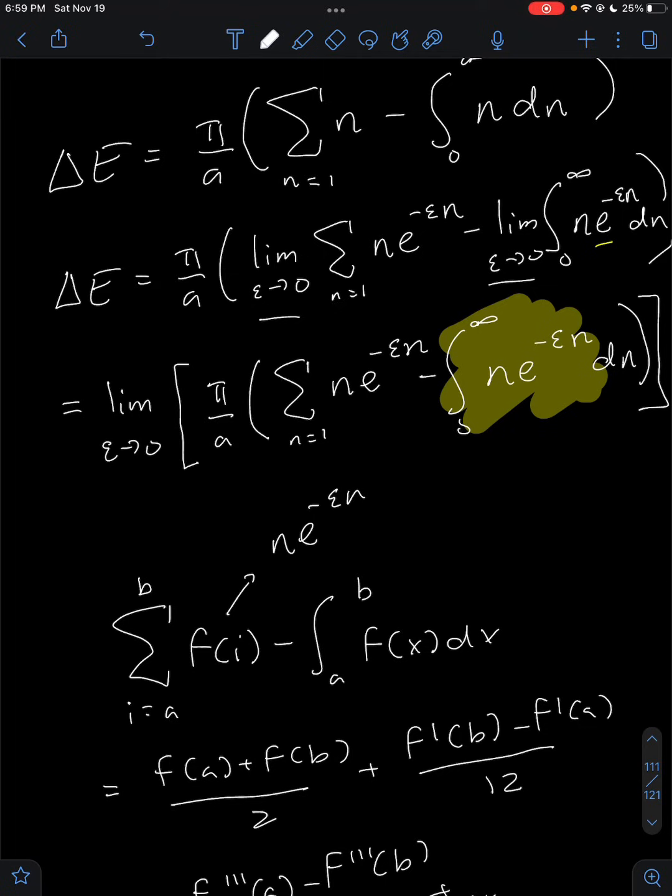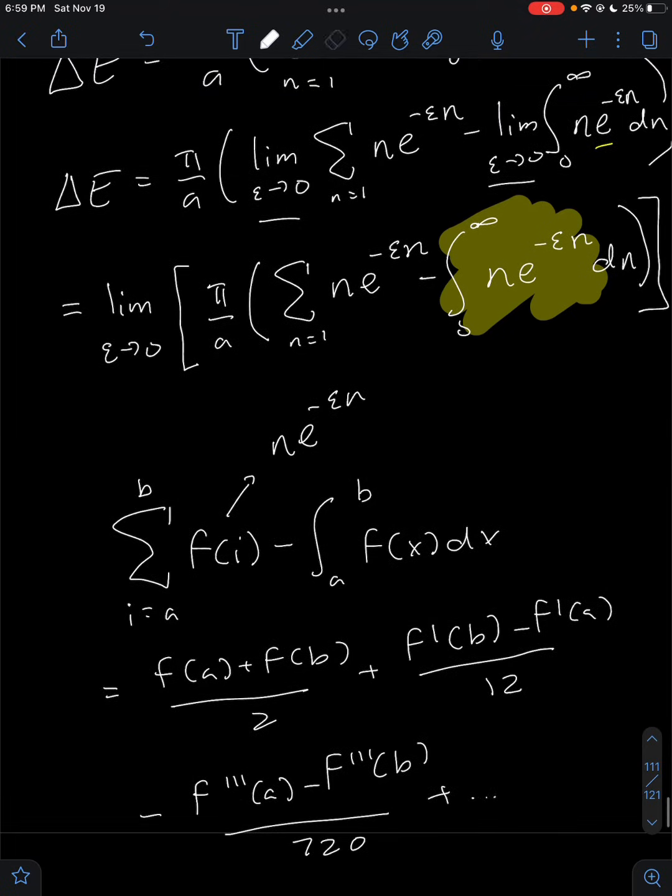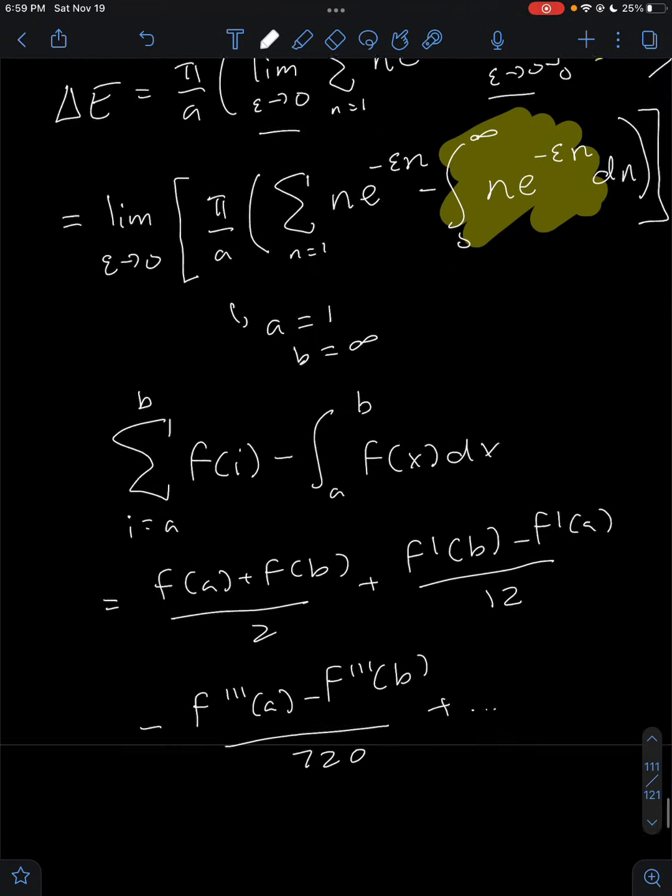And we have a sum minus an integral. So we can just apply this formula. In our case, the a would just be 1 since we start at 1, and the b would be infinity since we go up to infinity.